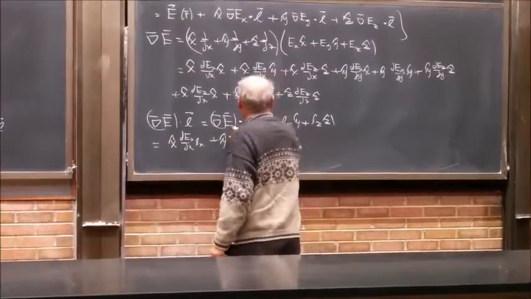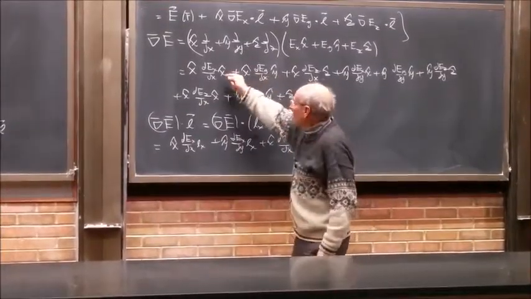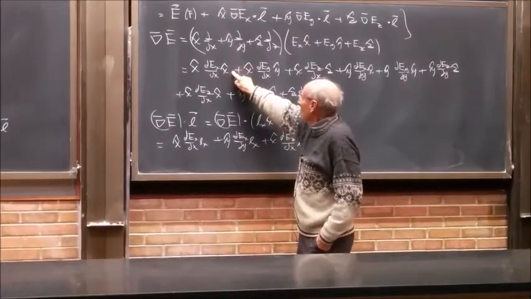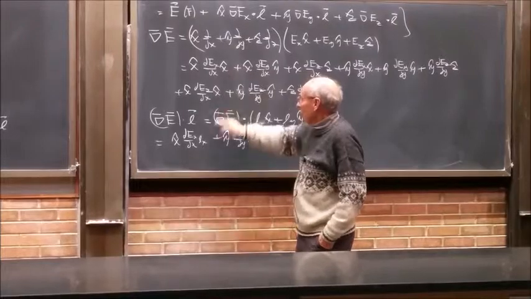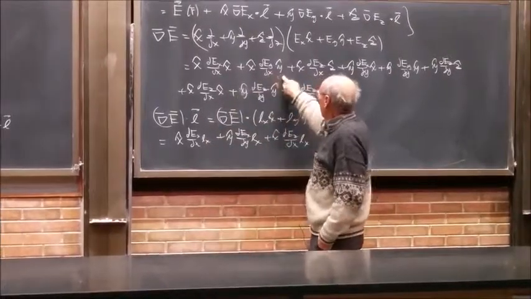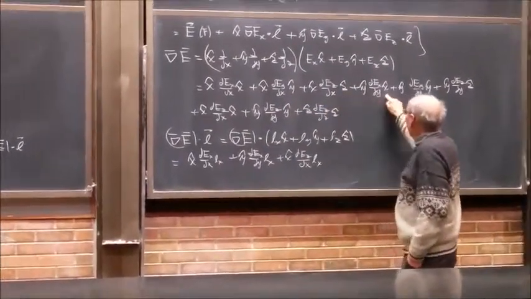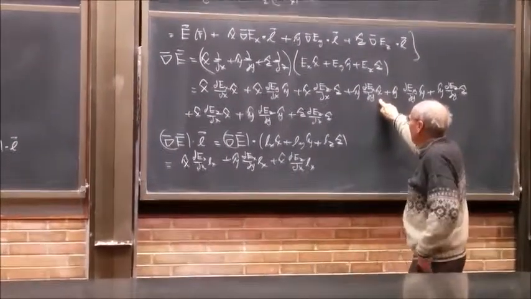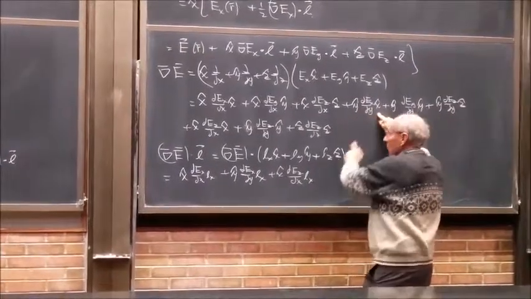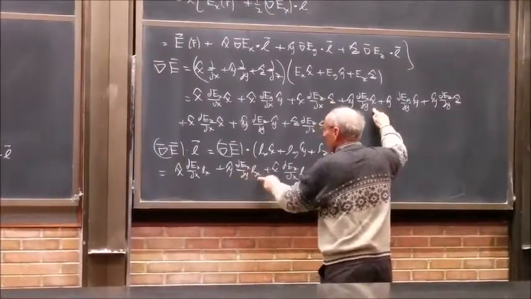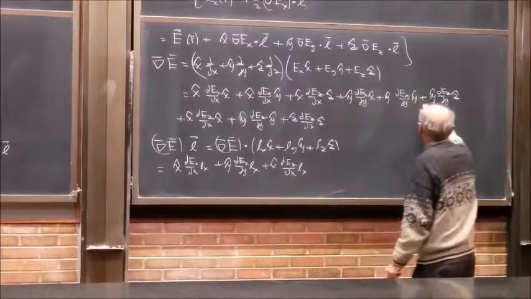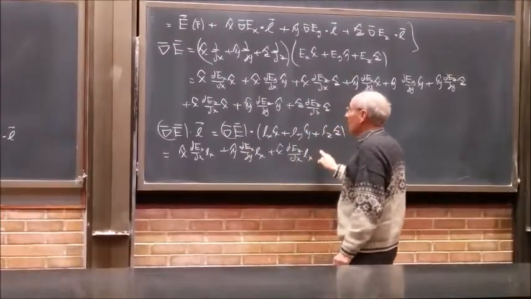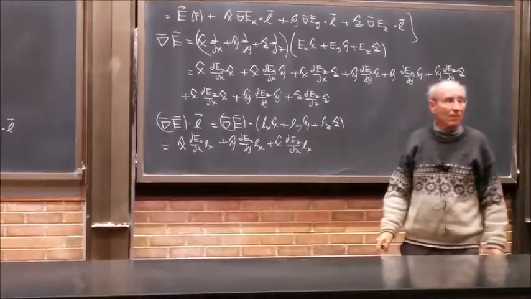When I dot this into here, I get x hat dotted to whatever's on the right-hand side. And so I've got this term, that's 1. So that gives you this one. Nothing there, nothing there. And now I've got this one, and that will give you y hat dEx/dy times Lx. Nothing here, nothing here. And then this one, dEz/dx Lx with the x in front.